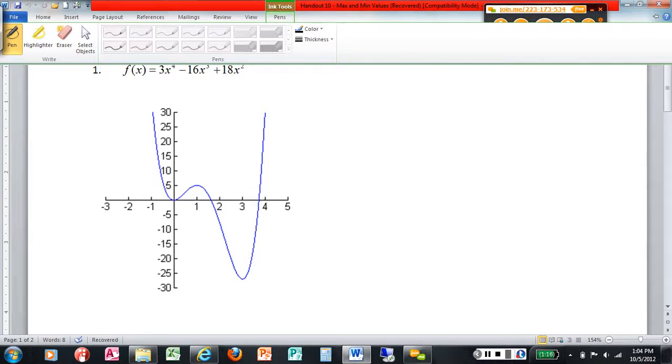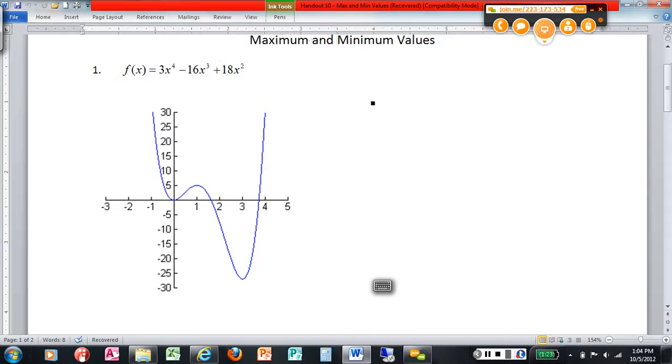Local maximums and minimums are the peaks and the valleys, a good way to also refer to them. So that's what we're talking about here: local maximums and local minimums.